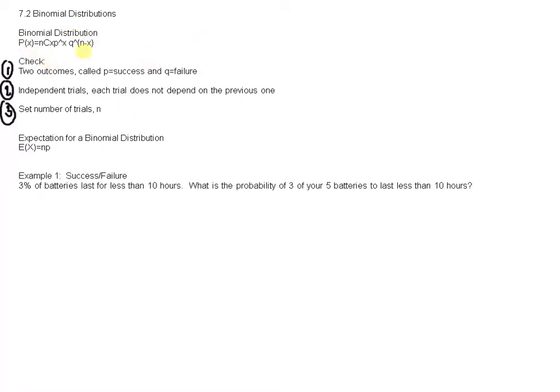So here's the formula for binomial distribution, but I'm going to write it out so it's not just text. We're going to go nCr, so the total number, choose the number that we're actually looking for the probability of. Then we do the probability of a success to the exponent x, times the probability of a failure to the exponent n minus x, so the total number of trials minus x.